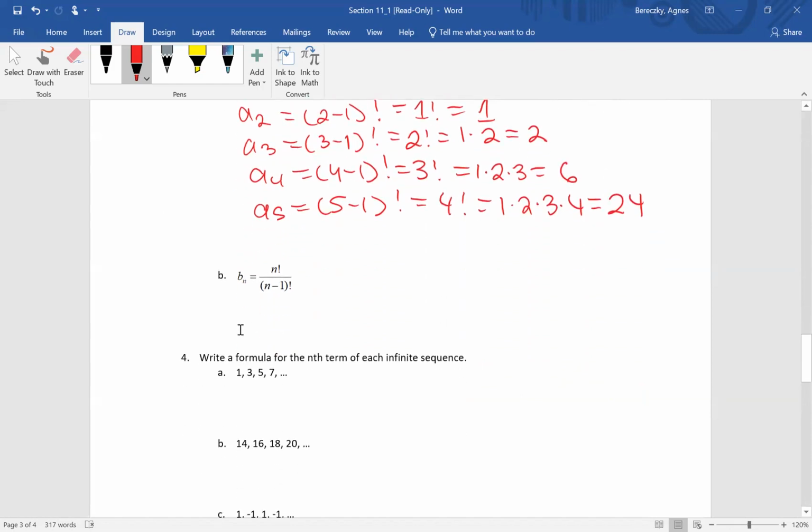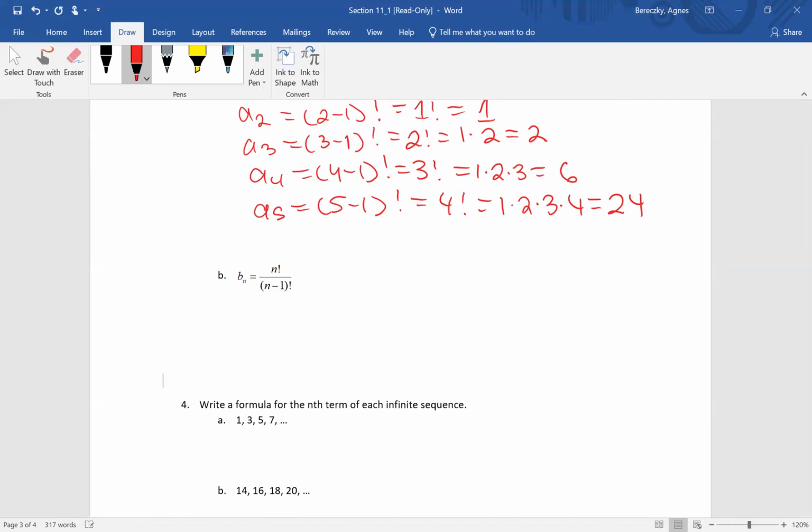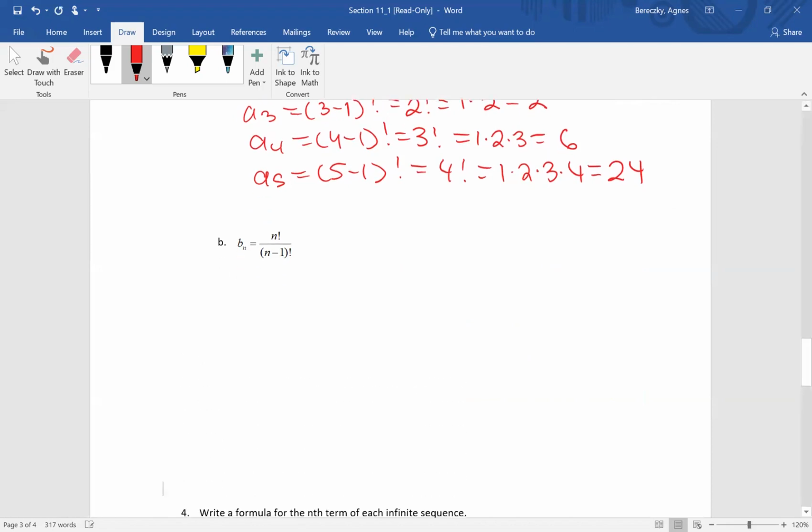Next rule is given b sub n equals n factorial over n minus 1 factorial. So let's switch colors. B1 will be 1 factorial over 1 minus 1, which is 0 factorial. Again, we know that 0 factorial is 1. 1 over 1 is 1.